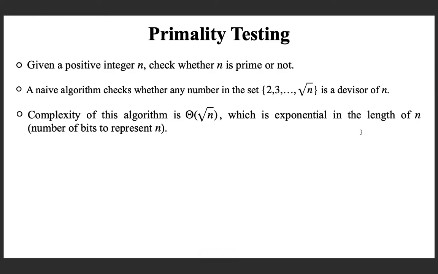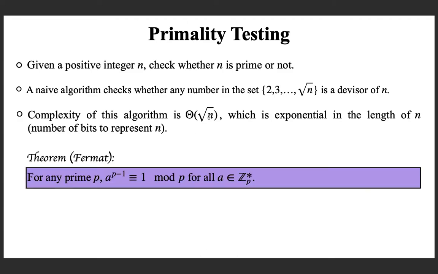You know that if there are n bits, you can represent up to 2 to the power n. That is the maximum value which can be represented, and that is why it is called an exponential algorithm. Exponential in the length of the binary string representing n.